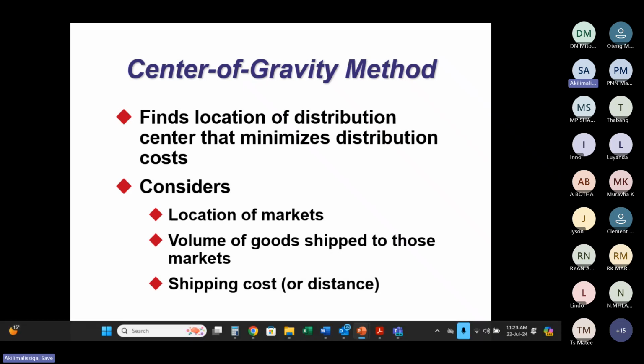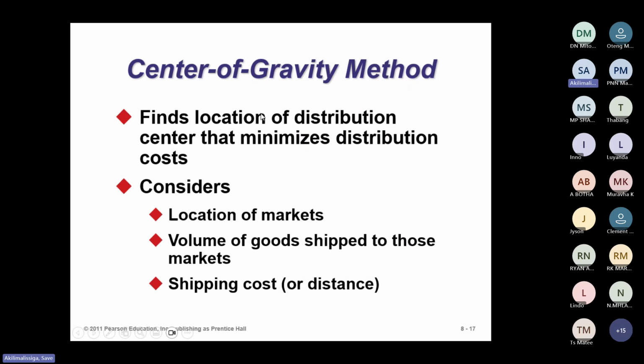So the center of gravity finds the location of a distribution center that minimizes distribution cost, and considers the location of markets. You have to identify the location of markets where customers are, and the volume of goods shipped to those markets.